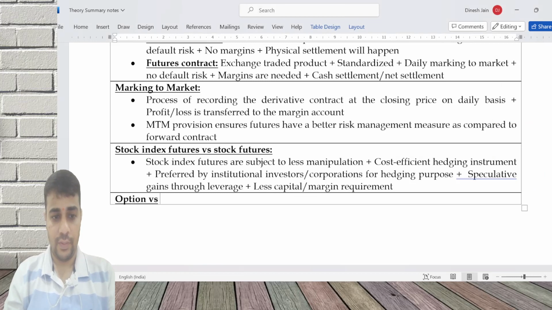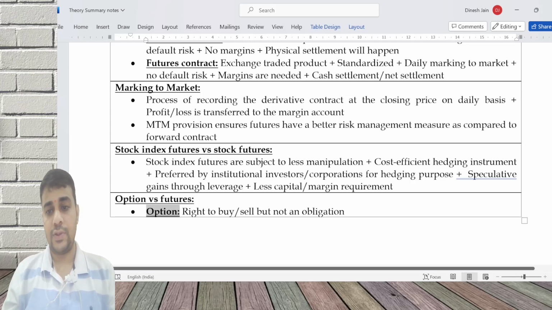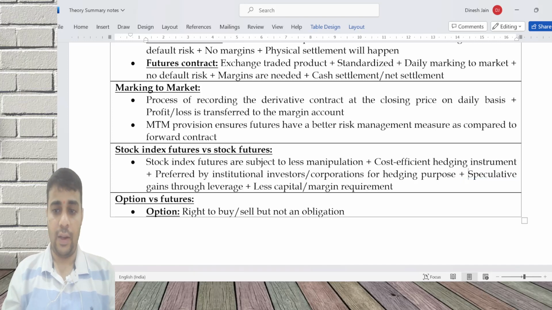Option versus futures. Option: right to buy or sell but not an obligation.